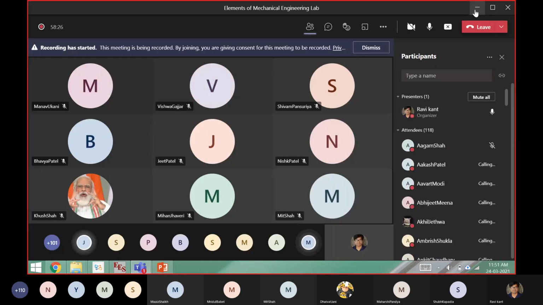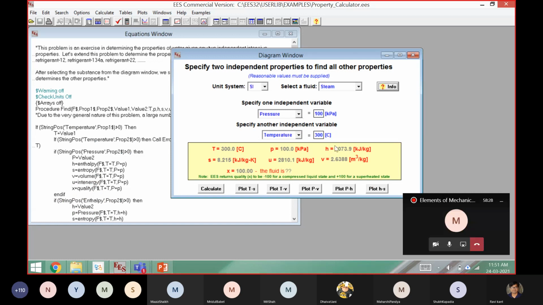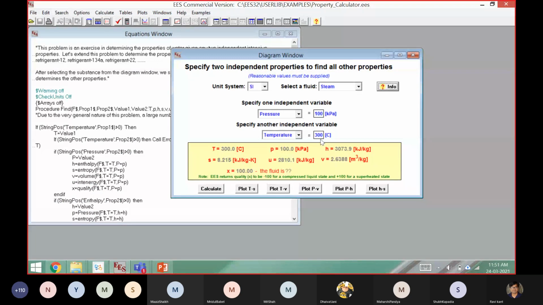Okay, now we have temperature, and these are the properties you can enter here. The temperature we had was 90. The pressure we had was 70.183.